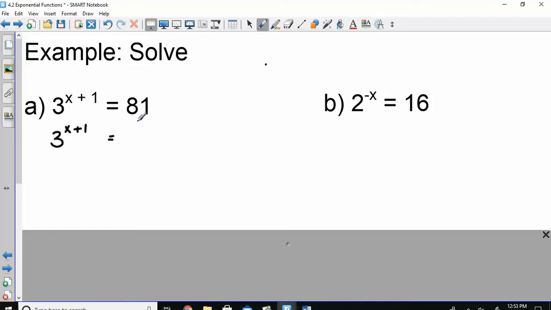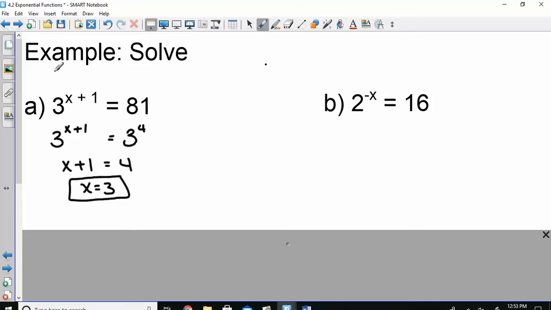But how could you rewrite 81? 3 to the 4th power. I didn't change it, it's just another way of rewriting it. So 3 to the 4th power equals 81. Now, since they both have a 3 on each side, you can drop that base and set the exponents equal. So x plus 1 equals 4, and x is 3.